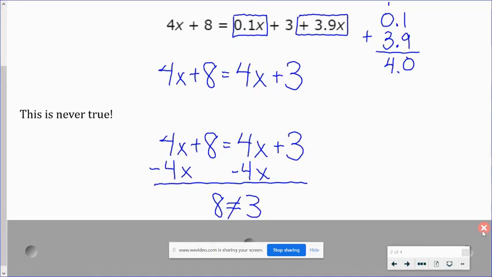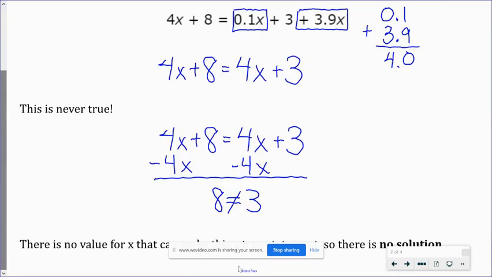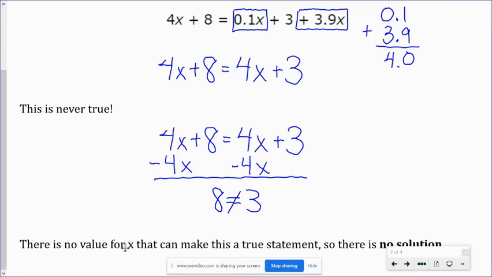This shows that there is no value for x, so there's nothing that we can plug in for x that can make that equation a true statement. When you come to a conclusion of a not true statement, there is no solution. This means I could never plug a number in for x on the left and the right-hand side, and it ever becomes balanced.